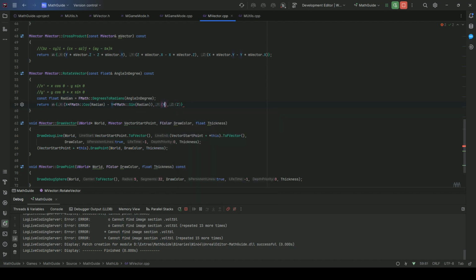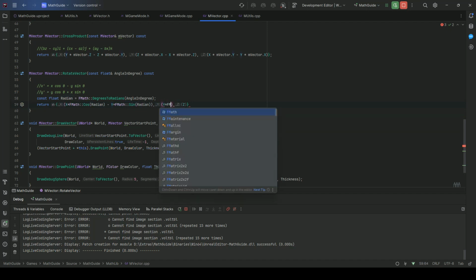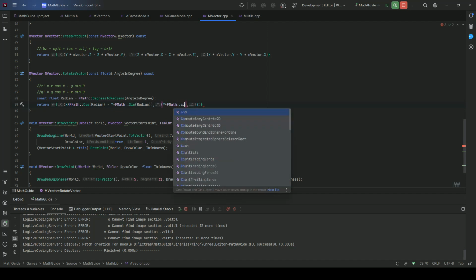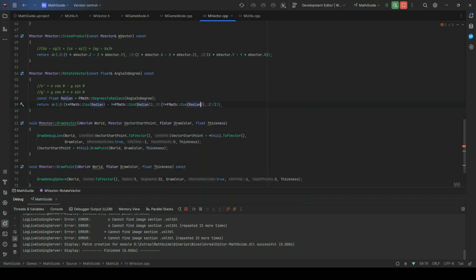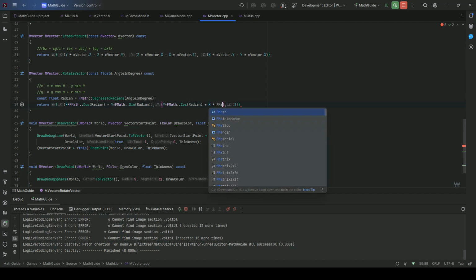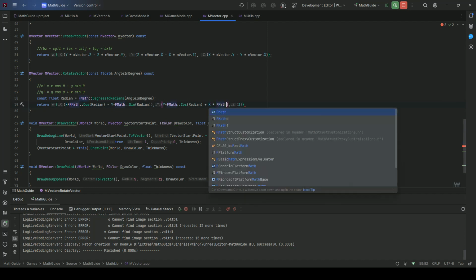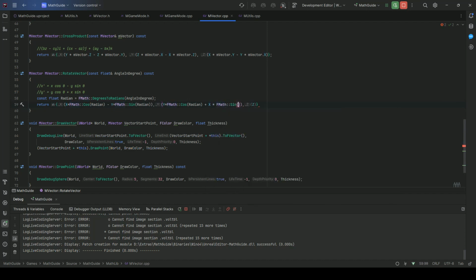Similarly, y multiplied with FMath::Cos of radian plus x multiplied with FMath::Sin of radian. So this newly created vector will be the rotated vector.